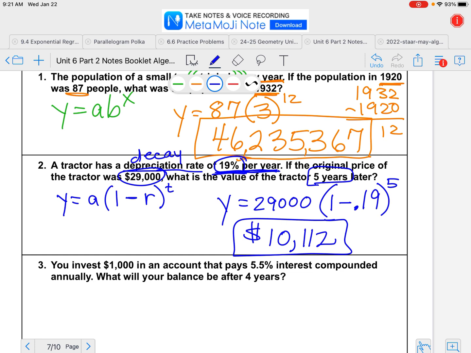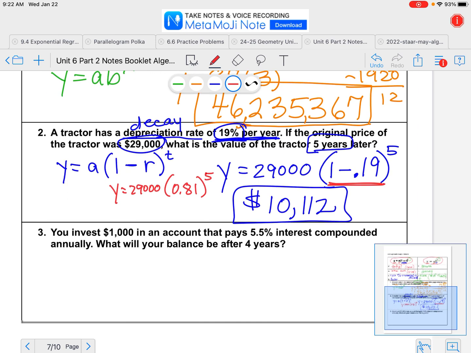Probably wouldn't even ask for the $12, but I'm not going to take off for what you round to. Let me show you one other thing. Sometimes you're going to see this equation where they went ahead and did the subtraction for you. Instead of writing out 1 minus 0.19, they might go ahead and say 0.81 because they went ahead and did the subtraction. So be aware of that.